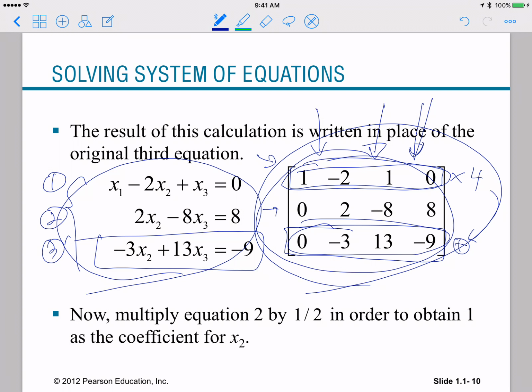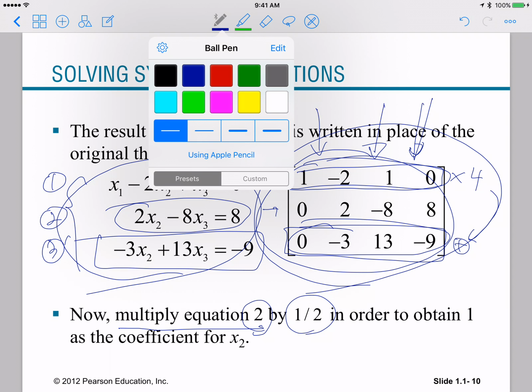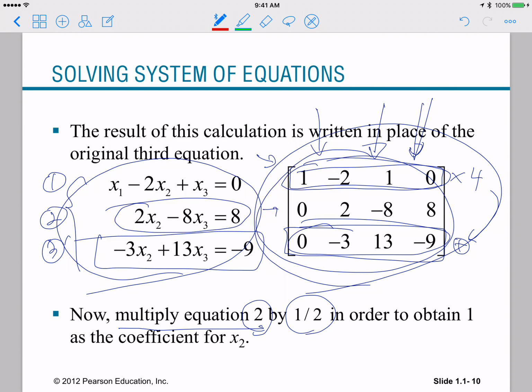Okay, and then the next step that we can do is, let's see, we now multiply equation 2 by 1/2, which means in this equation, these two terms involve only two variables, x2 and x3. But for this second equation, let's just make this coefficient 1.